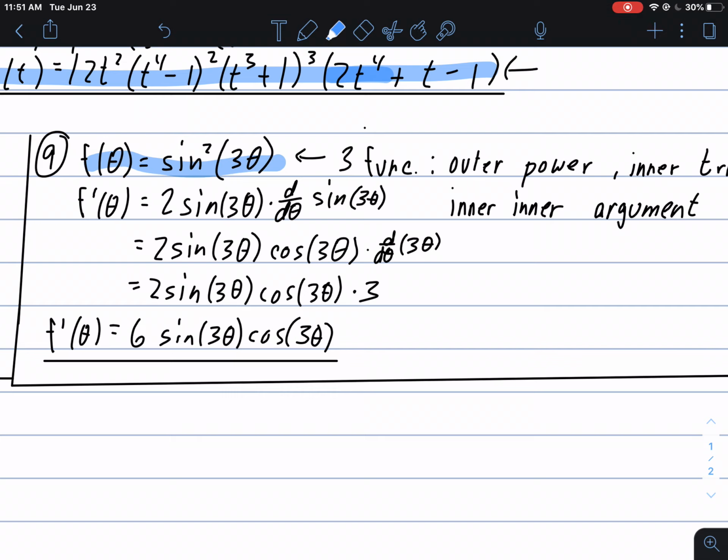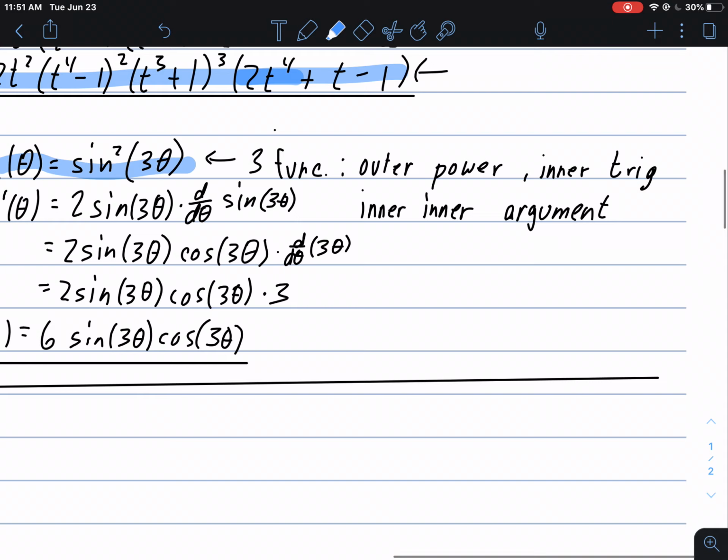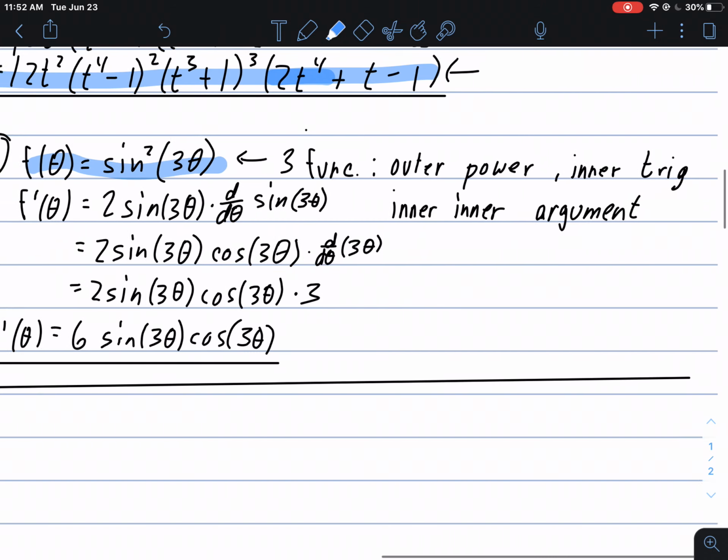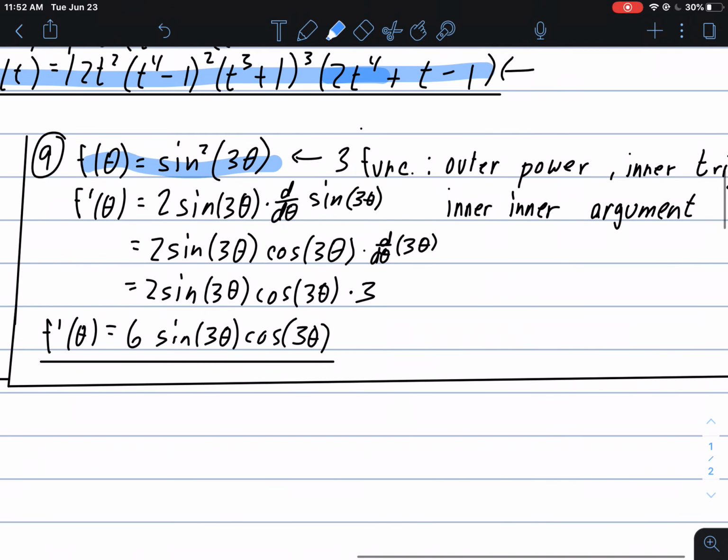The outermost function is still that power function, the square, whose base is the sine function, whose argument is 3 theta. So there's an outer power function with an inner trig function which has an inner argument, right, inside the trig function. So here's a case of chain rule where we have to employ it with 3 functions.